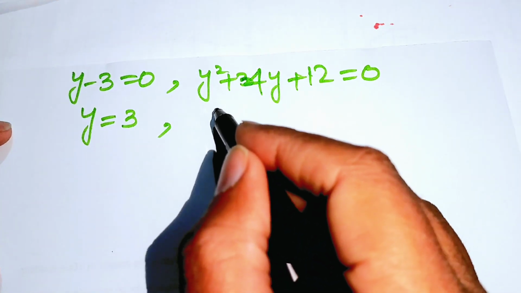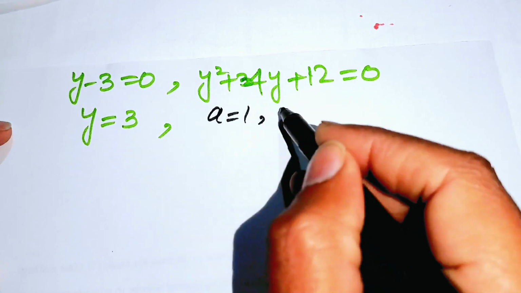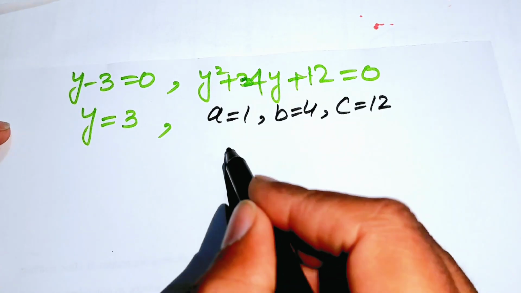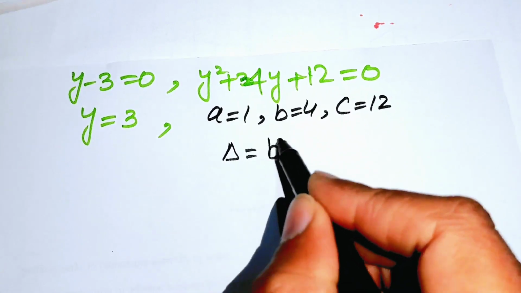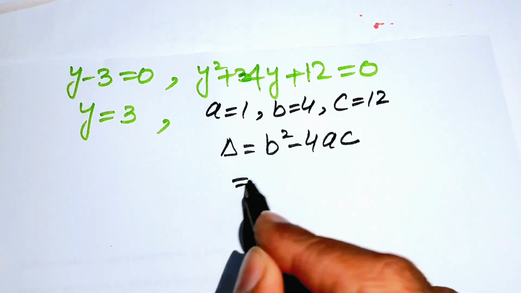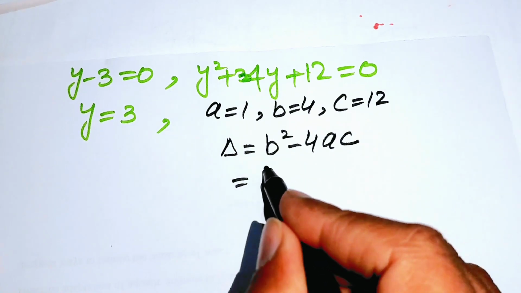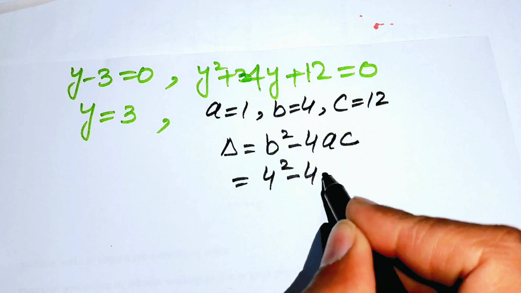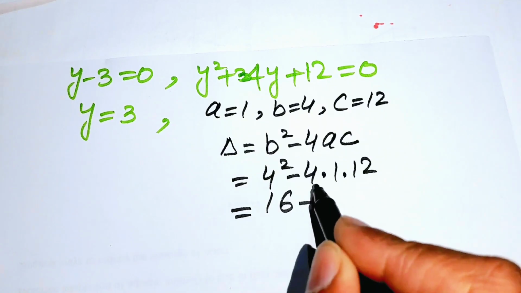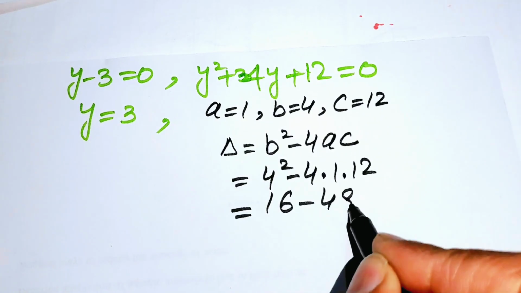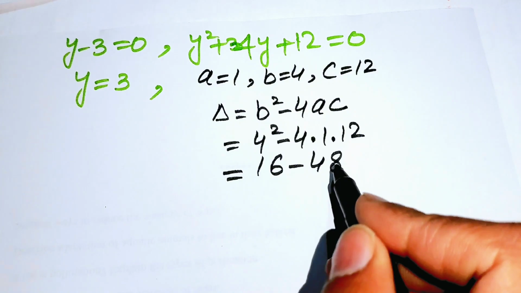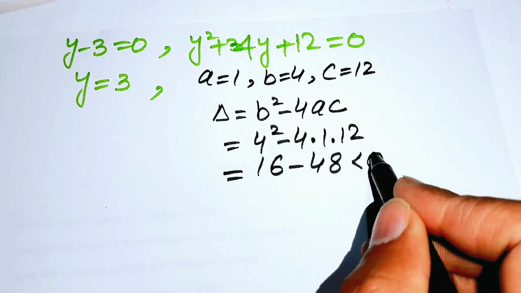So here first we write the coefficients of this equation, and we have a equals 1, b equals 4, and c equals 12, and our discriminant formula will be written as delta equals b squared minus 4ac. So we put all the values of a, b, and c here, and it becomes 4 squared minus 4 times 1 times 12, and you see that 4 squared is 16 minus 4 times 12 is 48. So here you see that 16 minus 48 is less than 0.